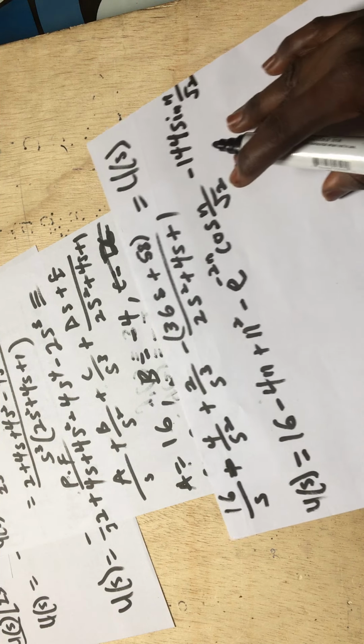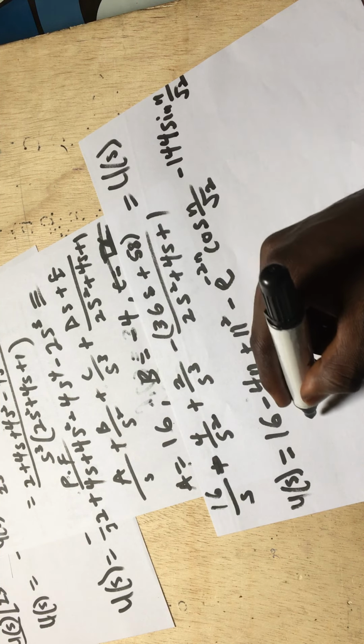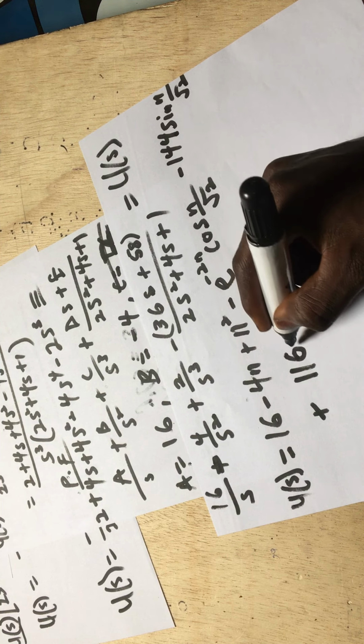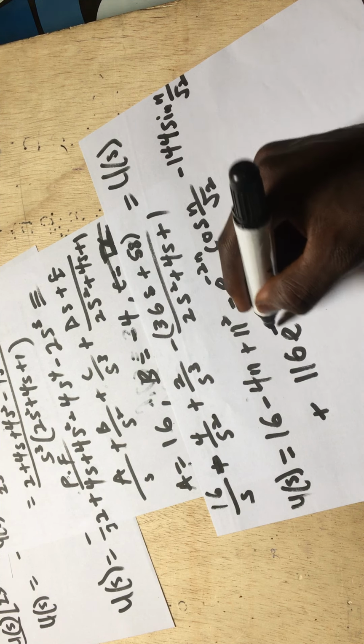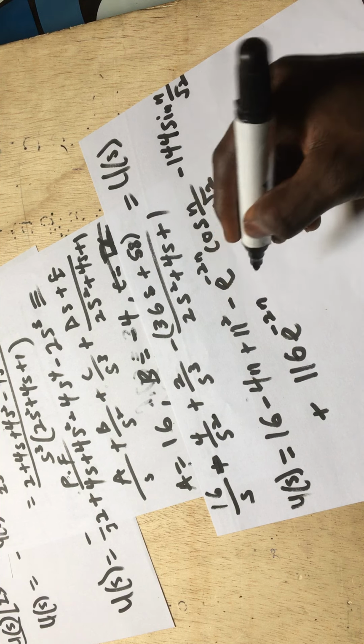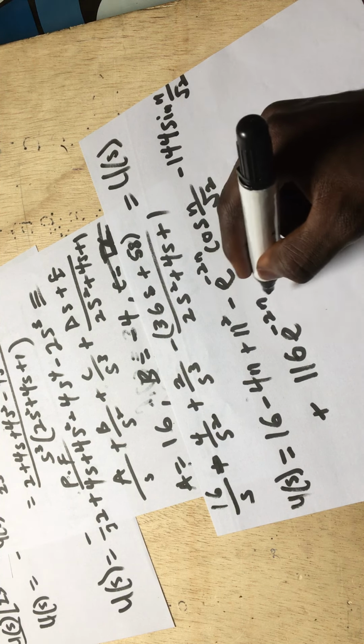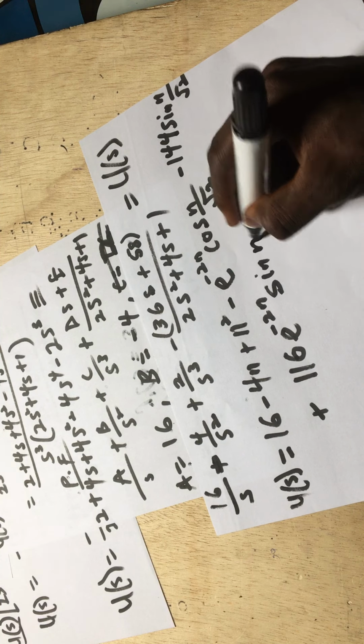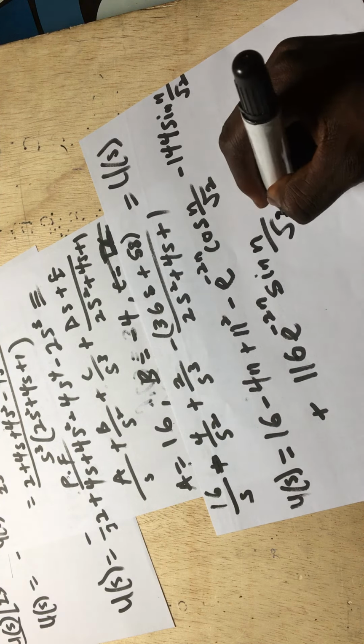Are we okay? Plus 116 e exponent negative 2n. We all know why this is this. And then multiplied by sine n all over root of 2.